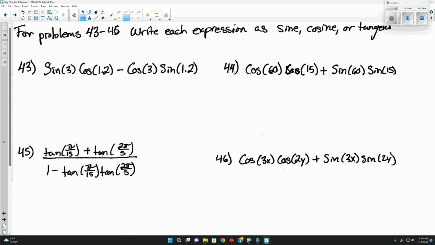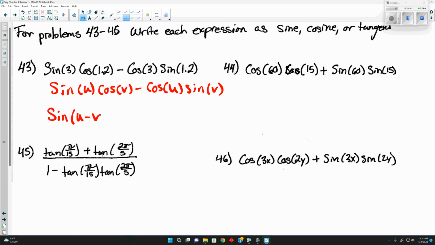And if we look at all of our identities, this is one of our sum or difference formulas. Because sine of U cosine of V minus cosine of U sine of V is our sine of U minus V formula. And again, that one's just written down on your reference sheet.